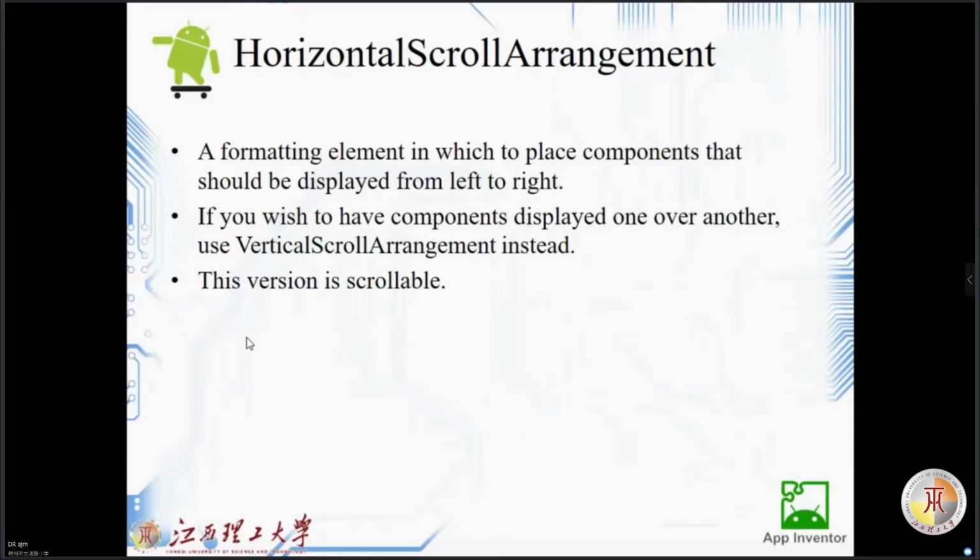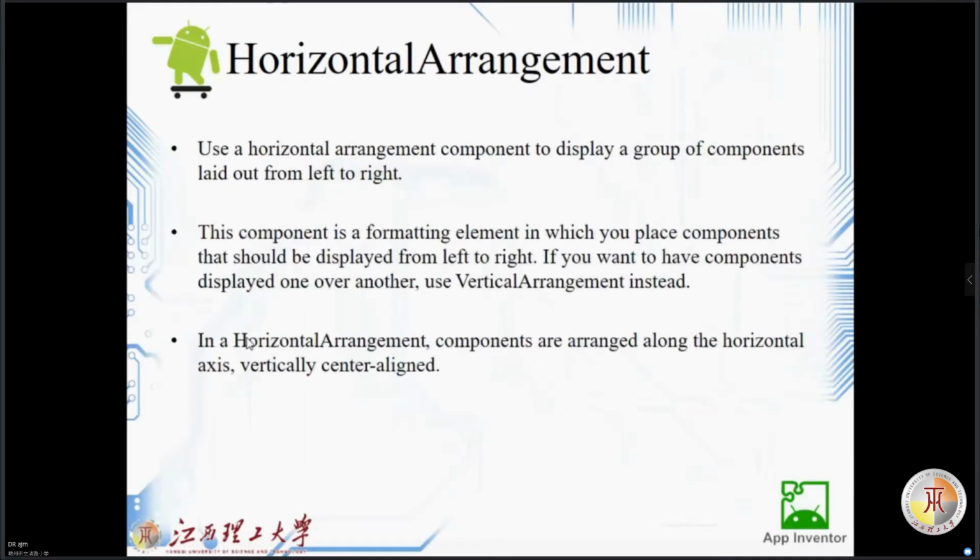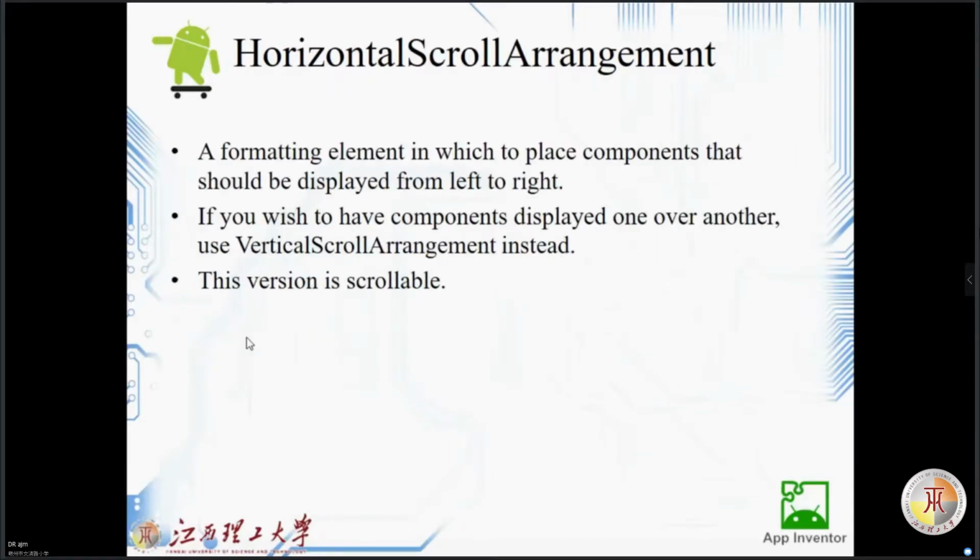Then the vertical arrangement is if you want to have them vertically, and vertical scroll arrangement is exactly vertical, but you will put the scroll beside the elements, and then you can check.